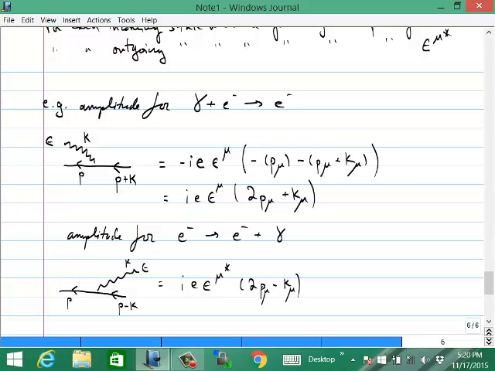Yeah. So it's not, okay. A comment that I'll make is that we could always choose a basis where our polarization vectors are real. So, for example, if you think about a photon moving in the z direction, then the polarization vectors could be x hat and y hat.